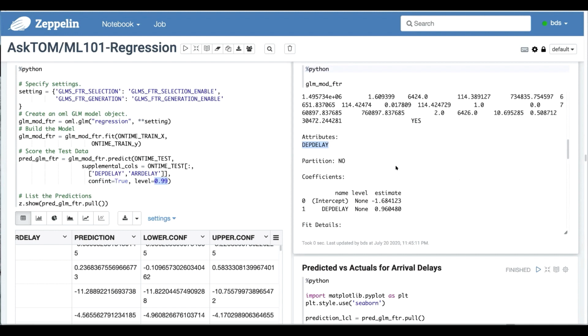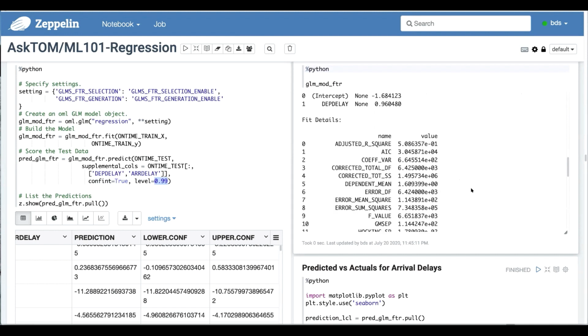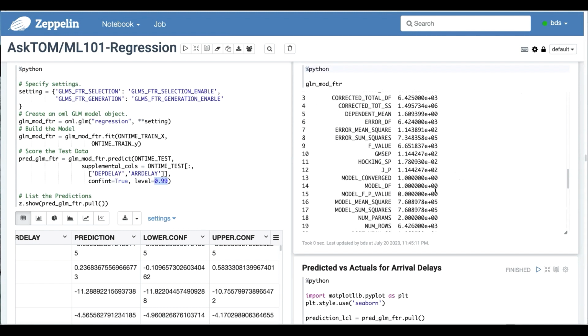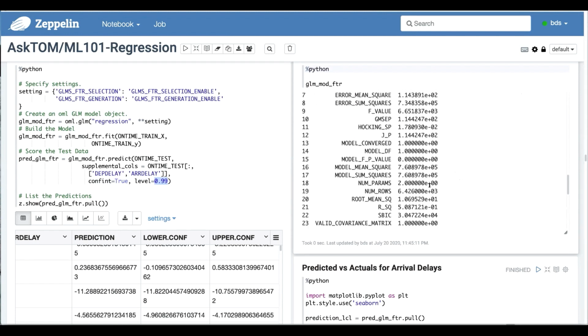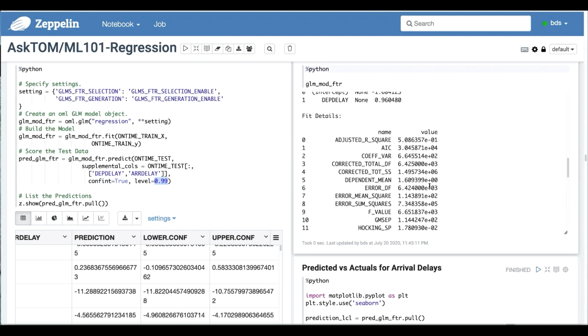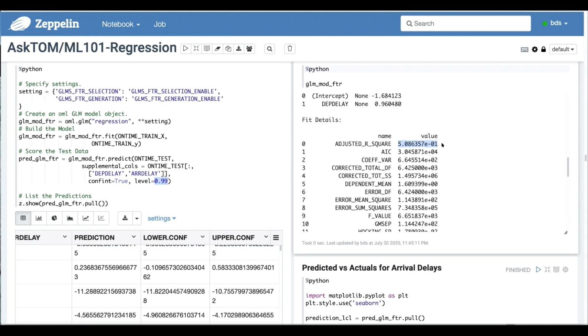In any case, you can see the basic statistics here. And you have to remember that the statistics the model is telling you here are based on just seeing the training data. So normally these statistics and all these values are going to be a little more optimistic than the actual value.